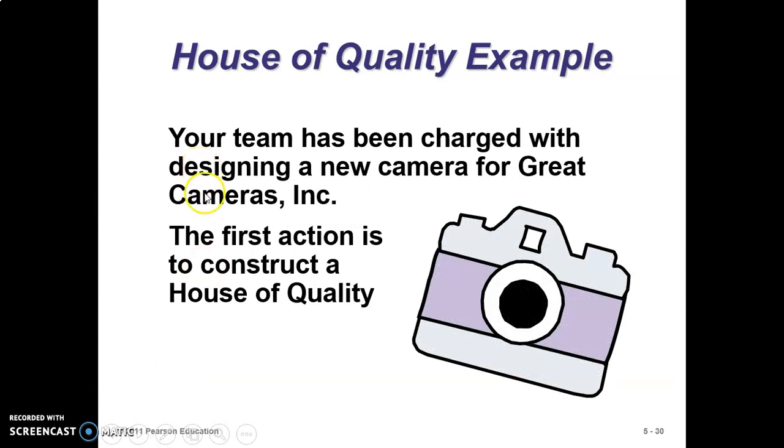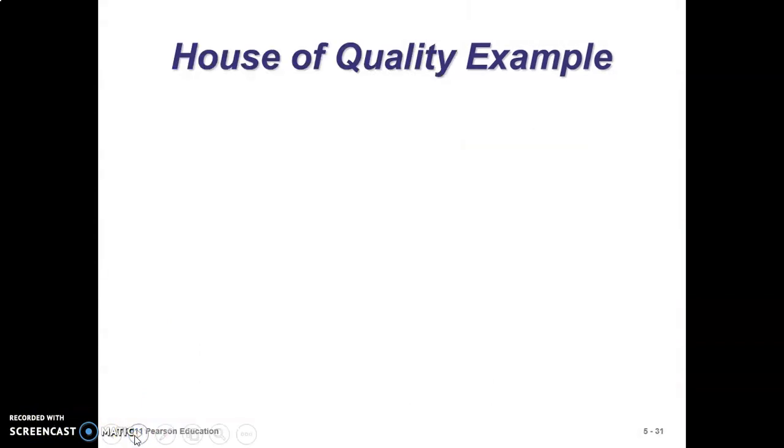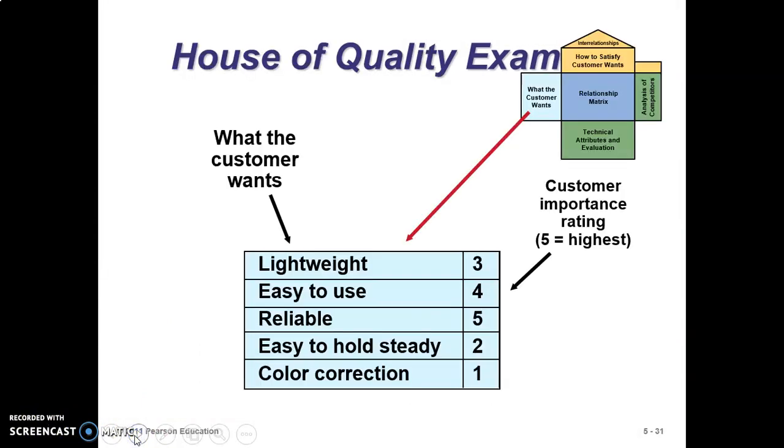Okay, so as you can see here, this is examples of camera. We want to produce camera. So the first action is to construct a house of quality. Alright, and okay, first we want to know what the customer wants.